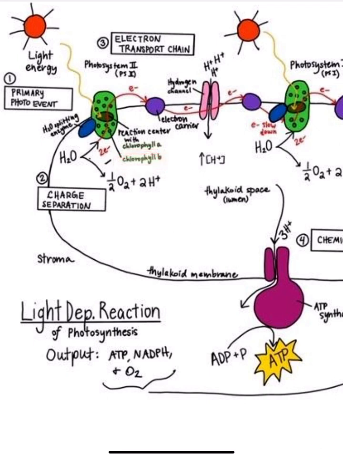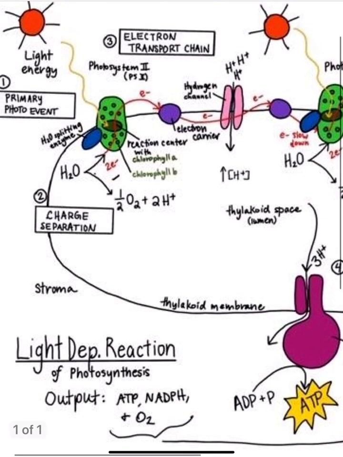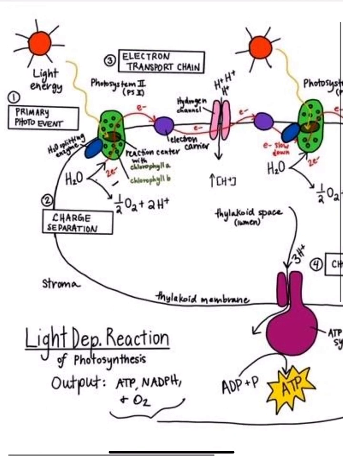As soon as that happens, those electrons start to move about and they jump from chlorophyll B to chlorophyll A, which is located in the reaction center of photosystem number 2. Now, chlorophyll A is the main chlorophyll pigment in a plant.